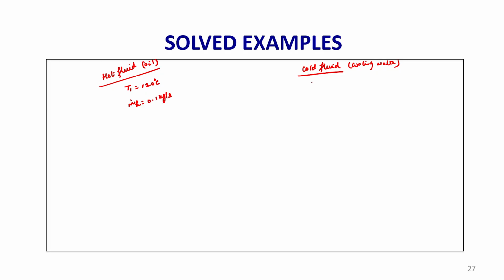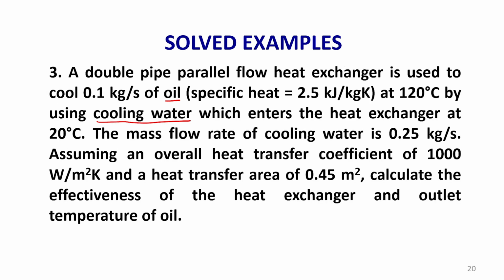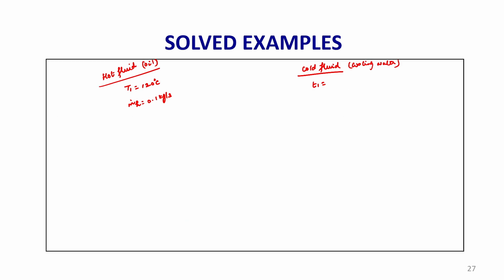If you take the cold fluid, its inlet temperature is given, small t1, 20 degree centigrade. The oil is cooled by using water, which enters the heat exchanger at 20, and its mass flow rate is given 0.25. So, this is 20 degree and its mass flow rate is 0.25 kg per second.